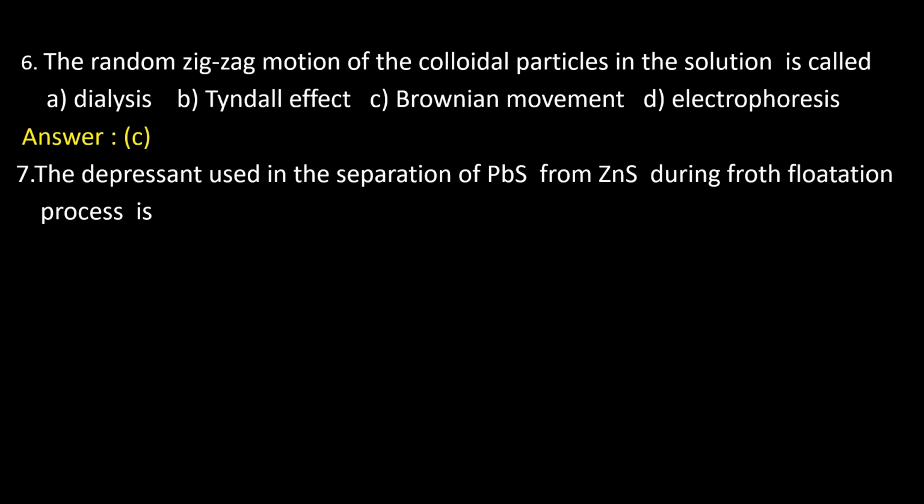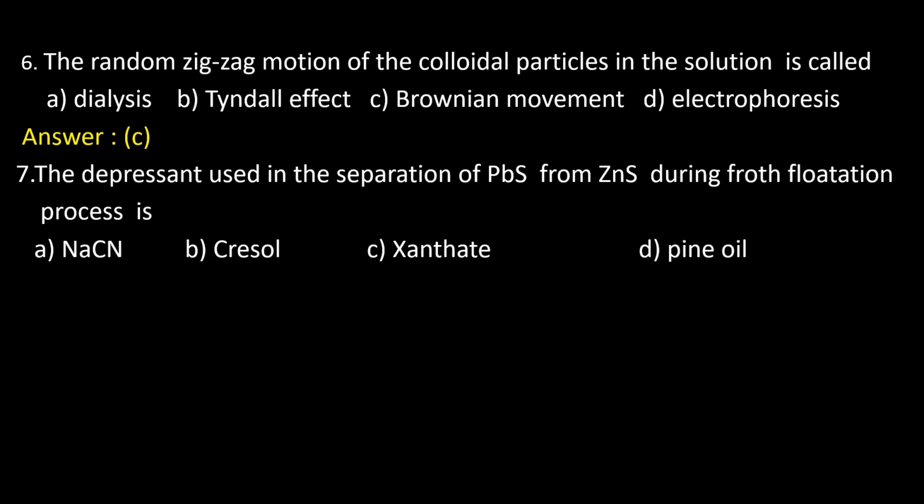Question number 7. The depressant used in the separation of PbS from ZnS during the froth flotation process is A. NaCN, B. Cresol, C. Xanthate, D. Pine oil. Dear friends, froth flotation is the method of concentrating the sulfide ores.